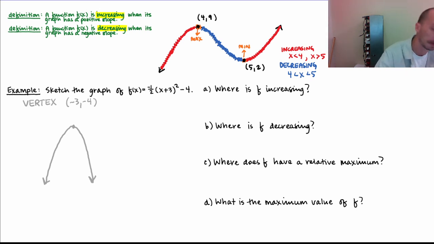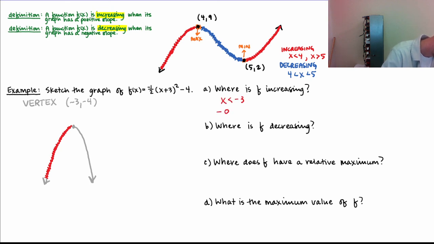Because now if I see the vertex and I've got the shape, I can tell where it's increasing and decreasing, at least for a parabola, because parabolas are relatively simple graphs. f is going to be increasing over here where it's got a positive slope, where as I move left to right, the graph is going up. So f is increasing when x is less than -3.